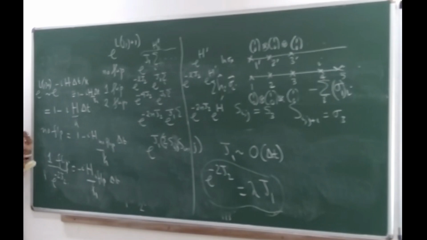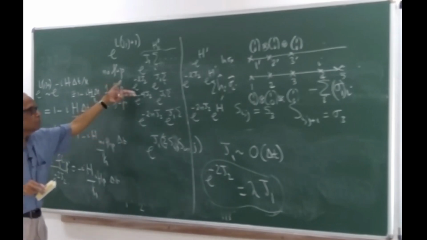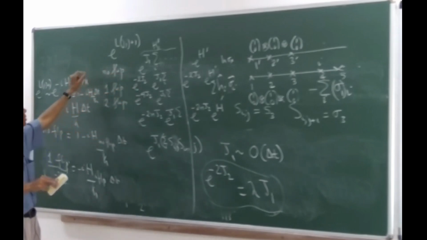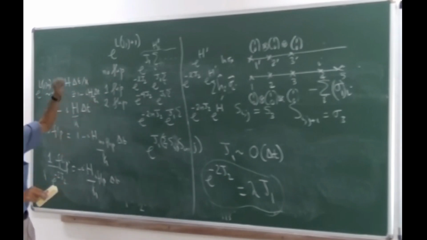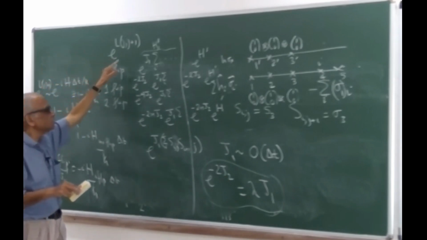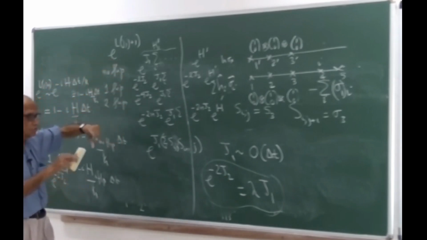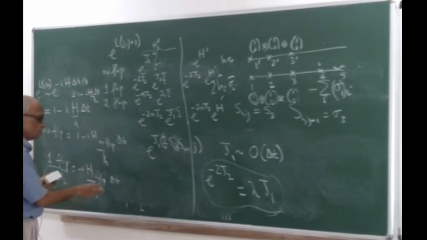And what is the Hamiltonian then? The Hamiltonian is this part, as we argued, where it's just the flipping part.